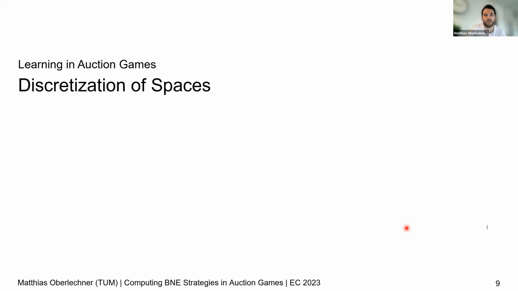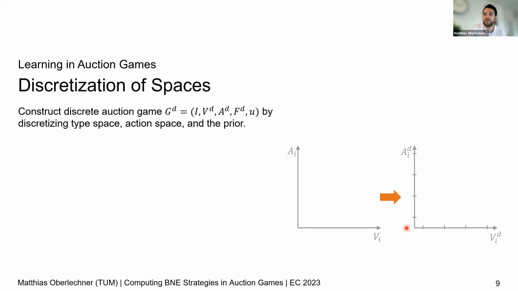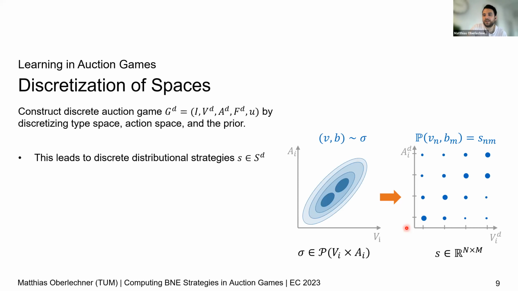And the way we do it is by discretizing the spaces. So we allow agents only to have discrete valuations and to only submit discrete bids in these auctions. And the reason why we use distributional strategies is that they are very easily applicable to this discretized setting.